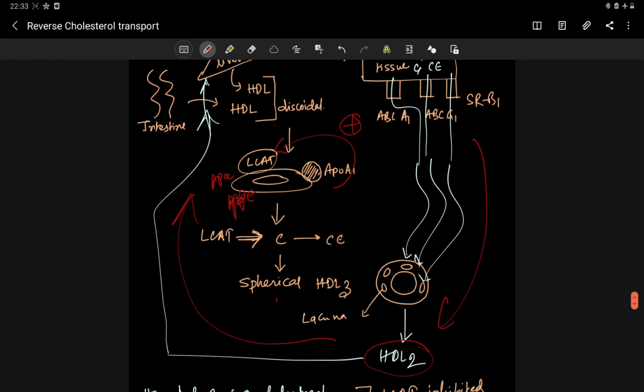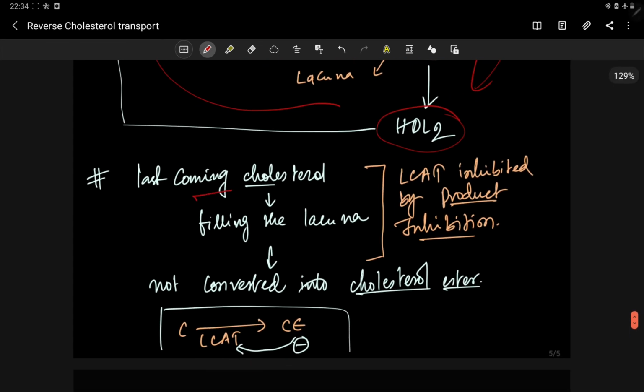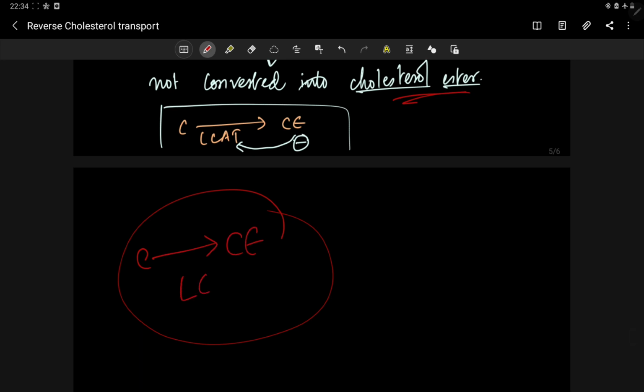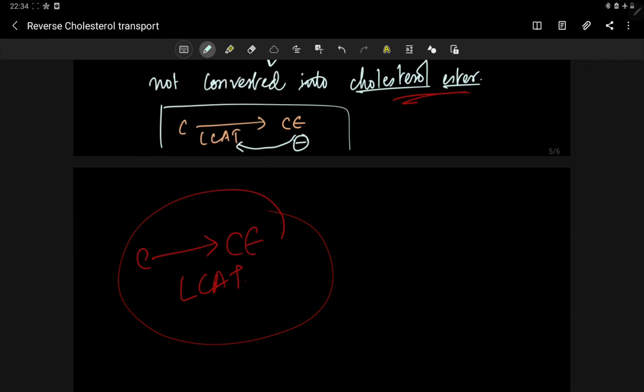Now one thing about the LCAT enzyme: the last cholesterol coming in to fill the lacuna is not converted into cholesterol ester. Why? Because the LCAT enzyme shows end product inhibition. The cholesterol ester formed at the end of this reaction inhibits the LCAT enzyme.